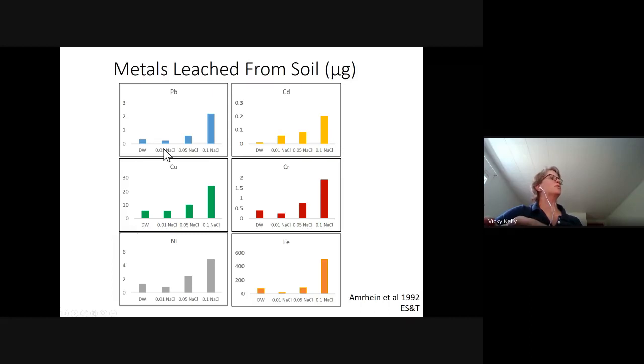So some of the tubes got 0.01 molar NaCl, some got 0.05, some got 0.1 molar concentrations of sodium chloride. And then they analyzed what came out the bottom of the tube. And what they found was, in fact, as you increase the concentration of salt, you see that lead and other heavy metals are leached out of that soil. So the answer is yes, we do see that happening.